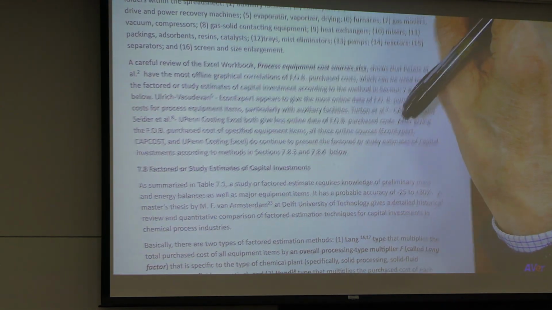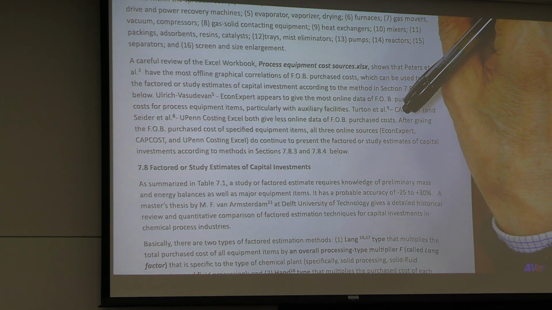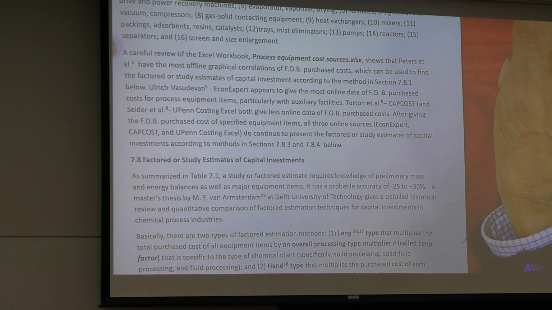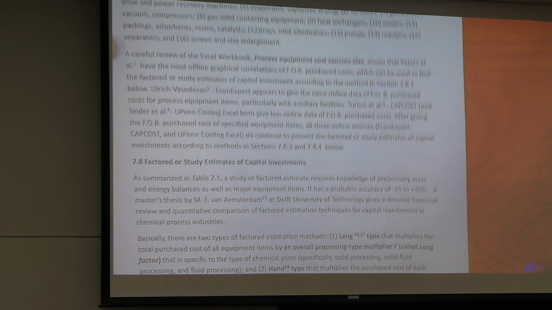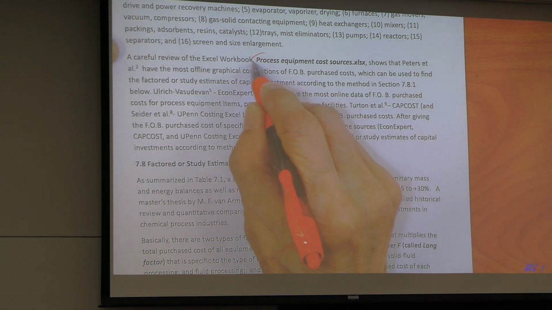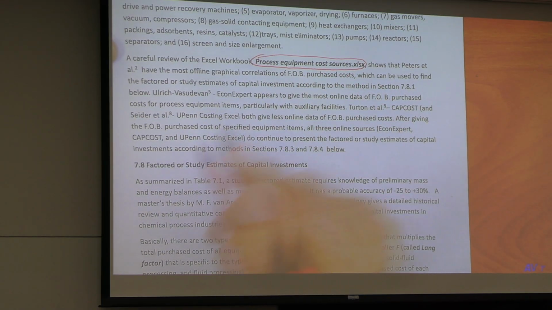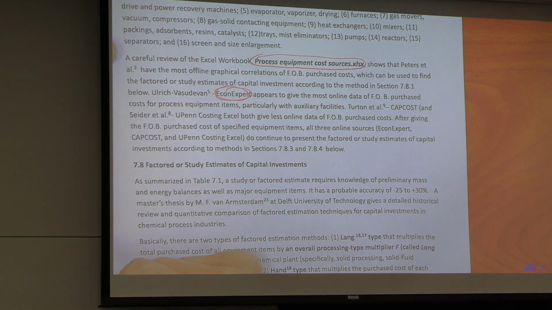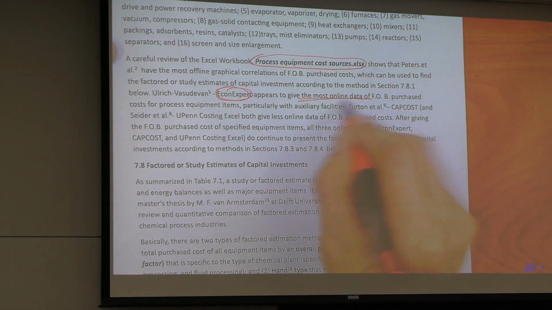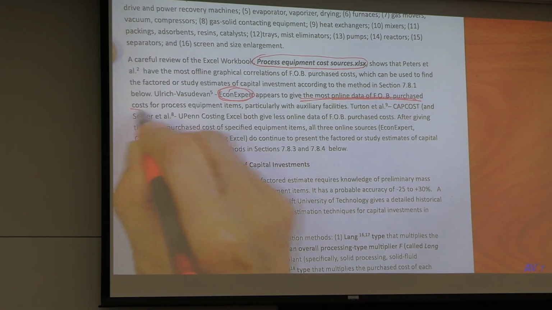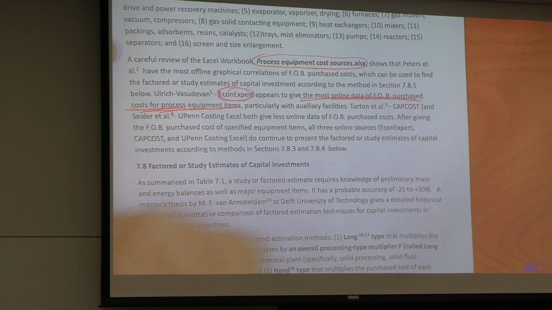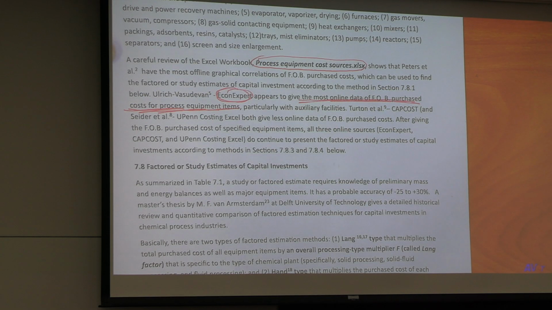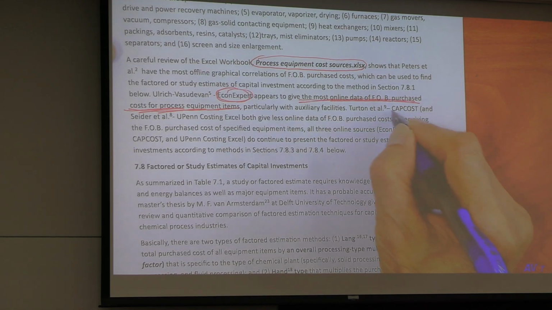Page 21. In the summary Excel, Econ Expert gives you the most online data: FOB purchase equipment costs, cap costs.